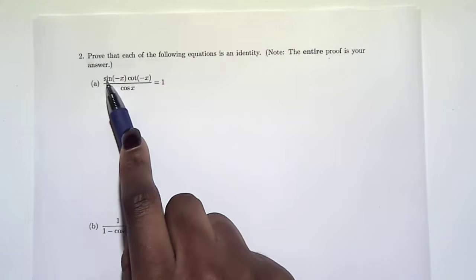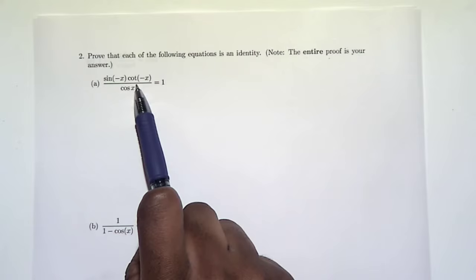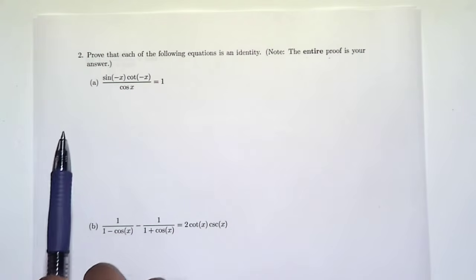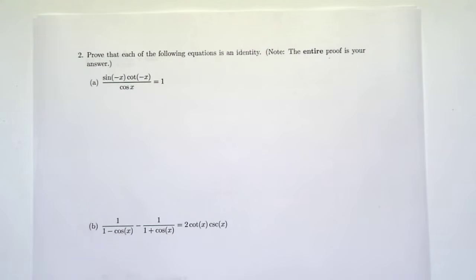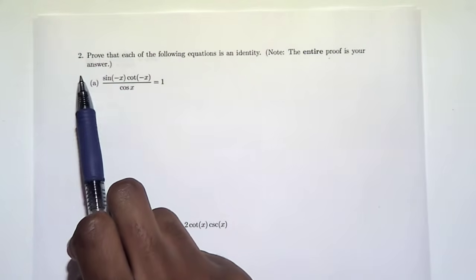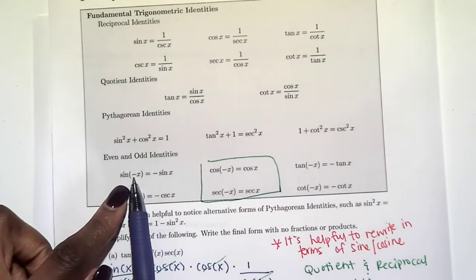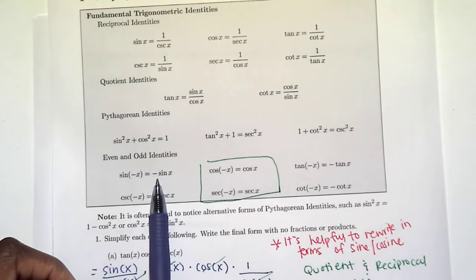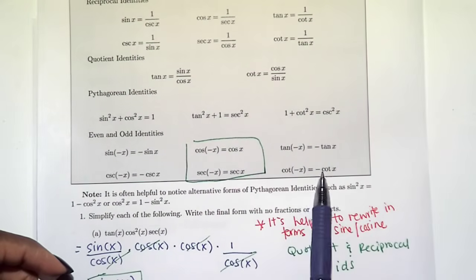Both sine and cotangent are odd functions, so that means we can take our negative completely outside of both of these functions. I'll remind us: sine, whenever we have a negative inside, we can take it outside. Cotangent, same thing.